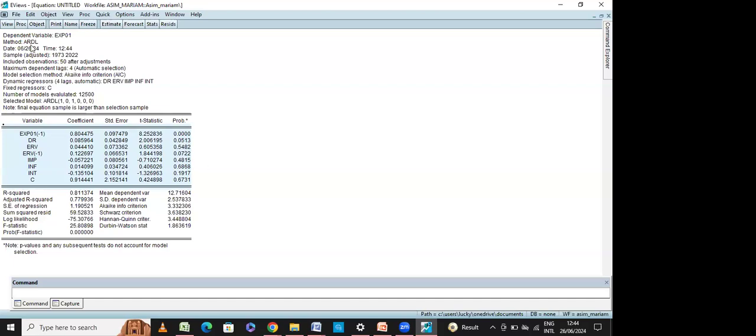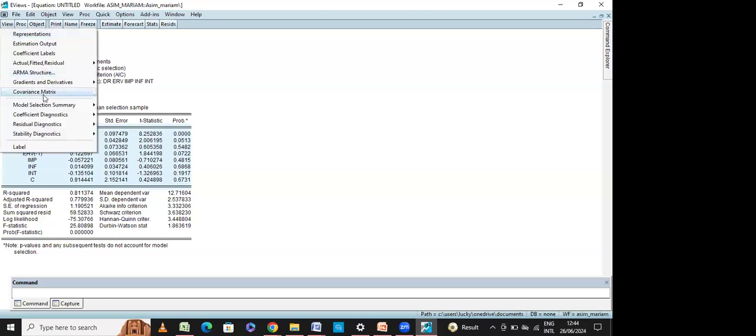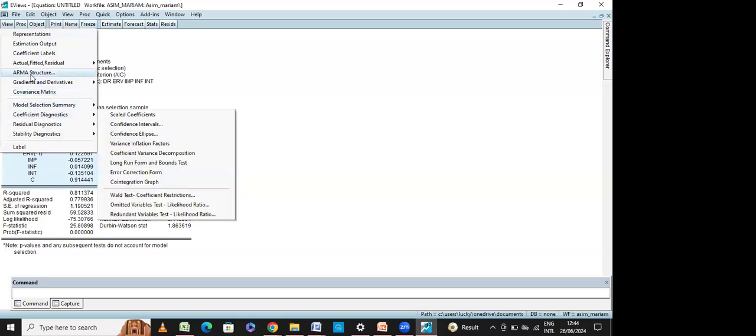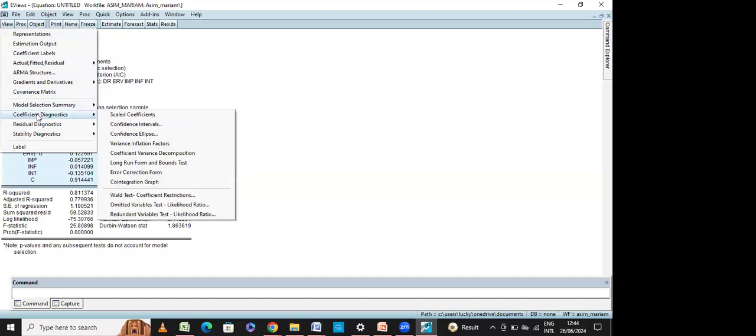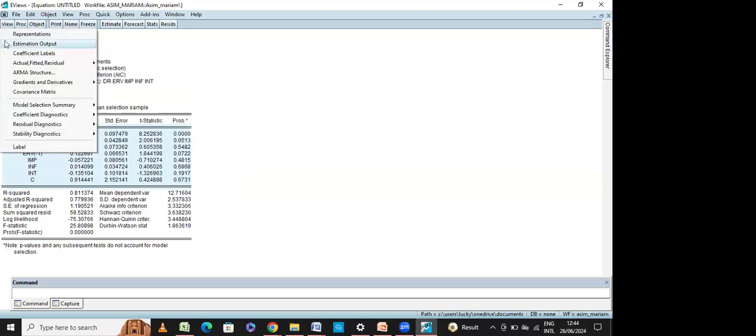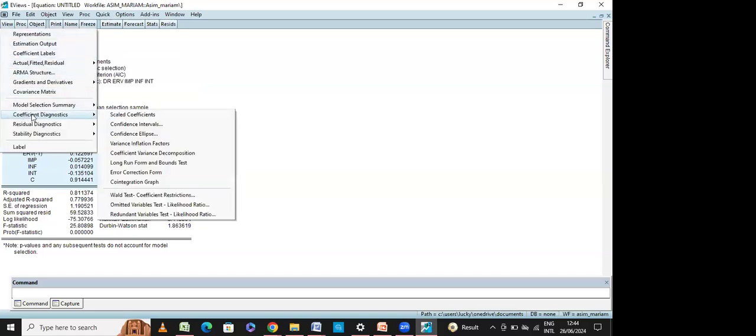Now I wanted to check whether these variables are integrated with each other or not. So I am going to the views. From the views, I am going to select long run form and bound test.